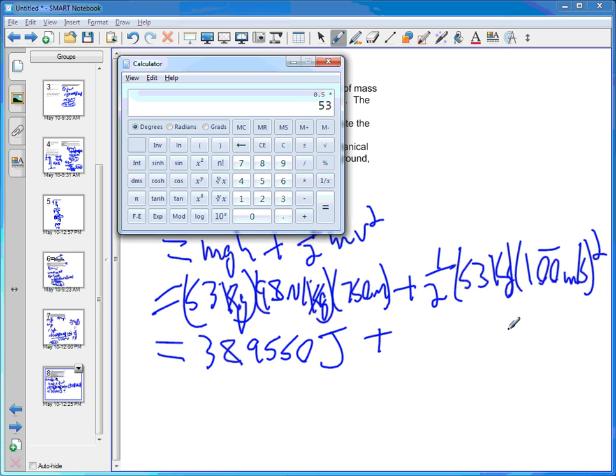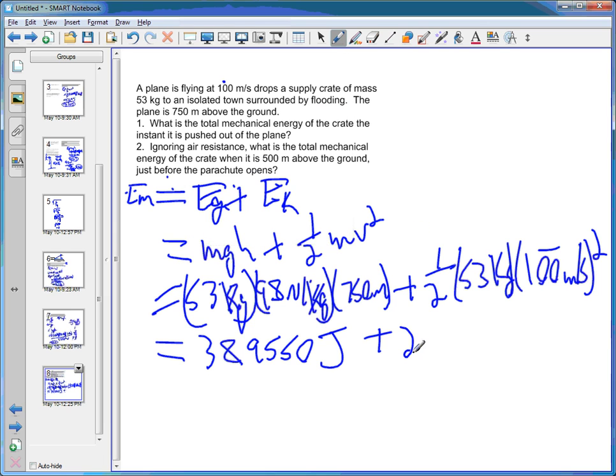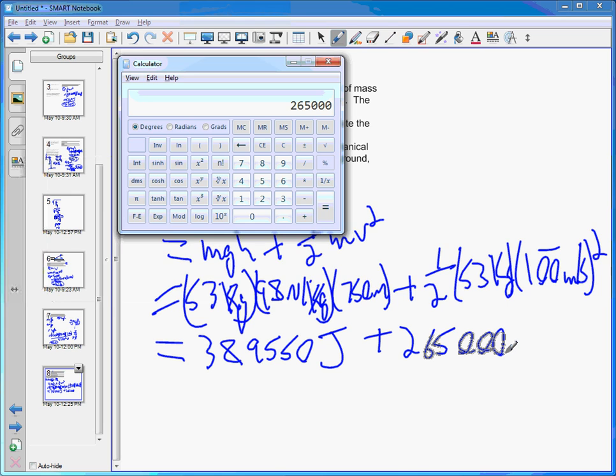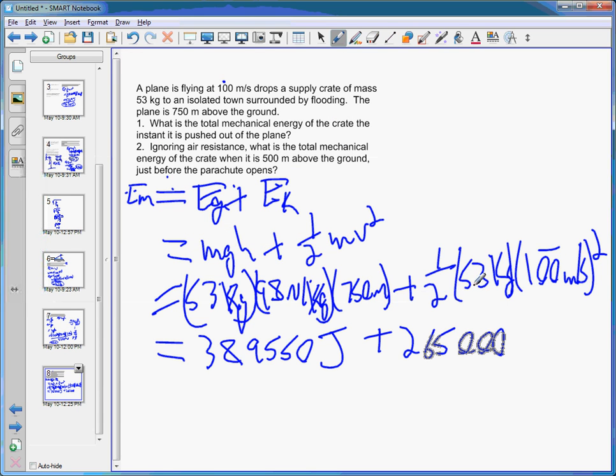Now this is going to be kilograms meters squared per second squared, right? Because the meters are going to square, the seconds are going to square. A kilogram meter per second squared is a Newton, so we can take that out, and we're left with just a meter, so it'd be a Newton meter, and a Newton meter is a joule. So good, our units are working out.